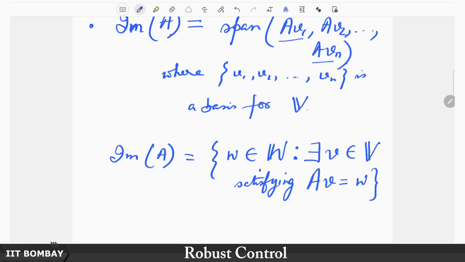In other words, every element in the image of a linear map has a pre-image.